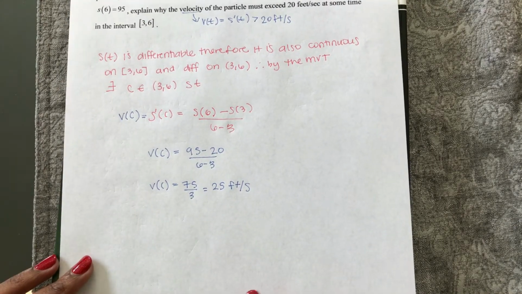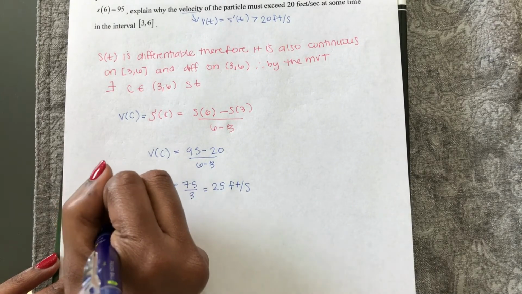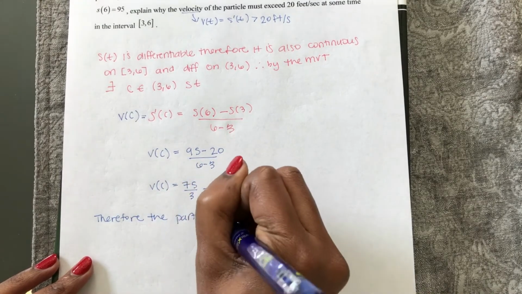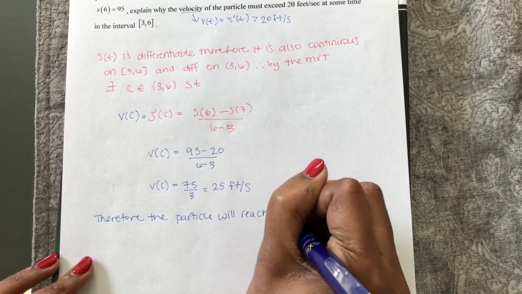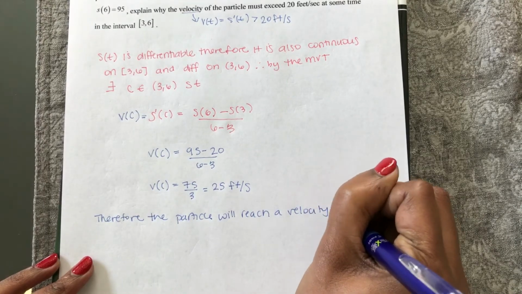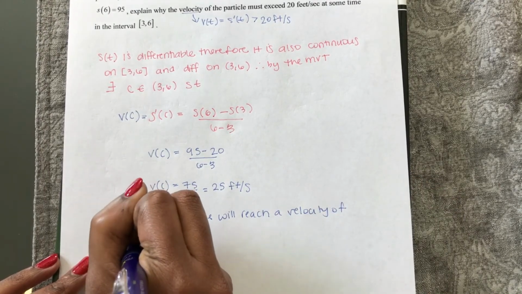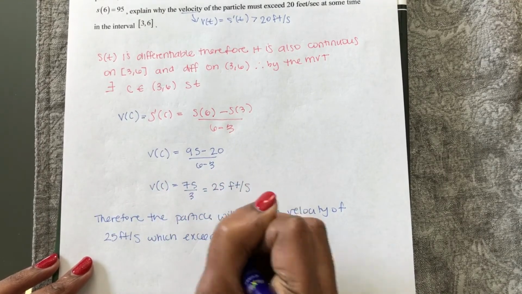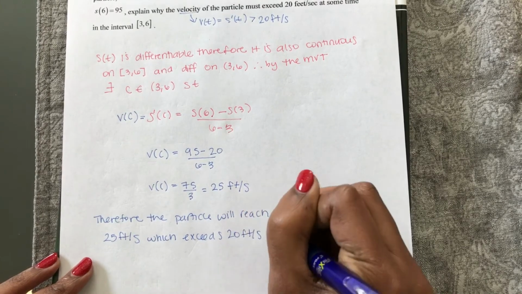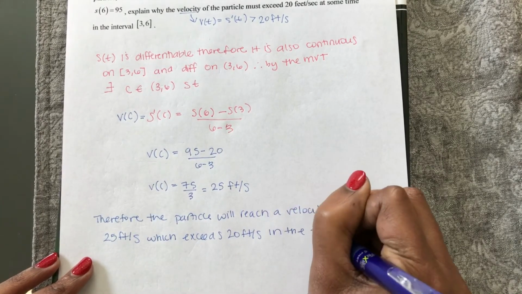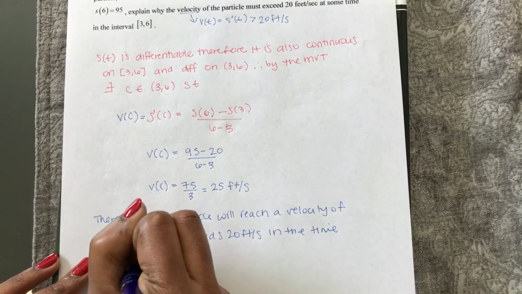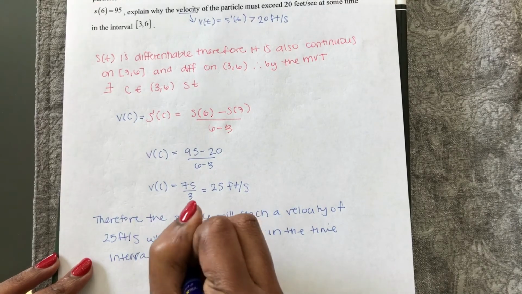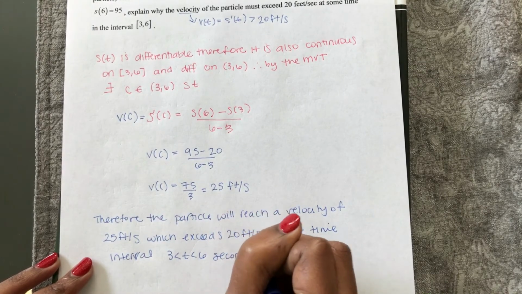So we have just seen, therefore, that the particle will reach a velocity of 25 feet per second, which exceeds 20 feet per second, in the time interval 3 is less than t is less than 6 seconds.